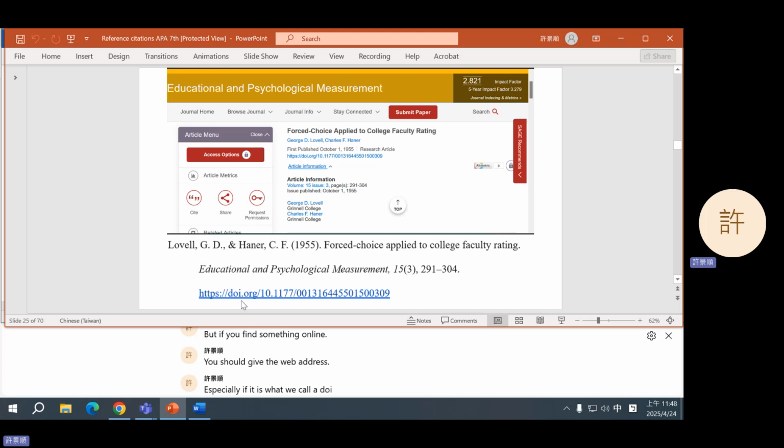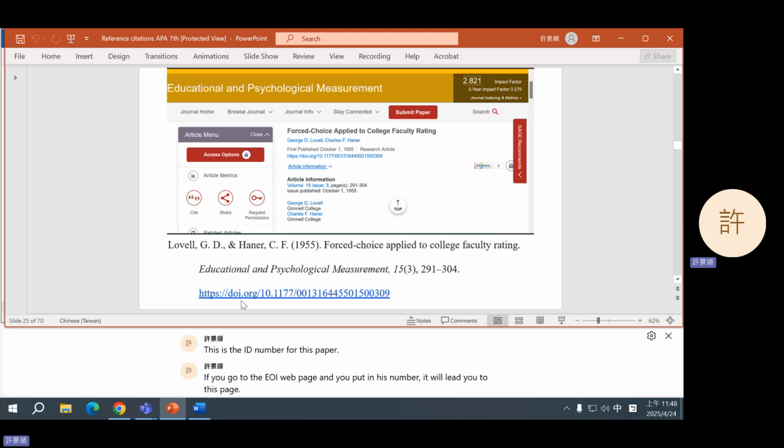You see, the web address has these three letters, DOI. DOI stands for Digital Object Identifier. The idea is that this is the ID number for this paper. If you go to the DOI webpage and you put in this number, it will lead you to this page. So especially if it has a DOI web address, copy the DOI web address and paste it.